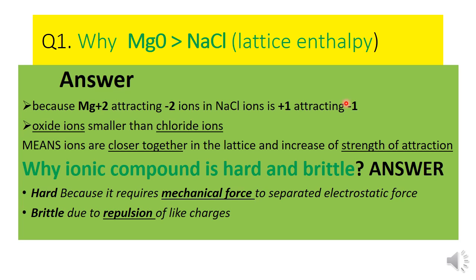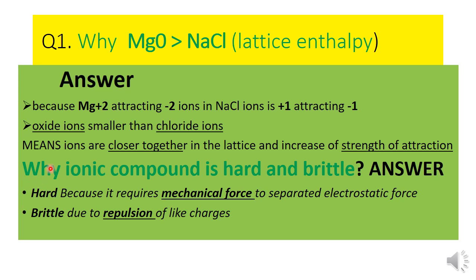The oxide ion is smaller than the chloride ion, which means the ions are closer together in the lattice and the force of attraction increases.